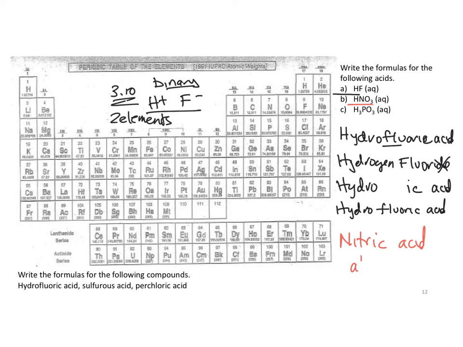So the ates, because you've got to look at NO3, that's an ate, and ates become ic acid, just like this one, ic acid. Now, the ites become ous acid. And let's see if they show you, where's that in your book?